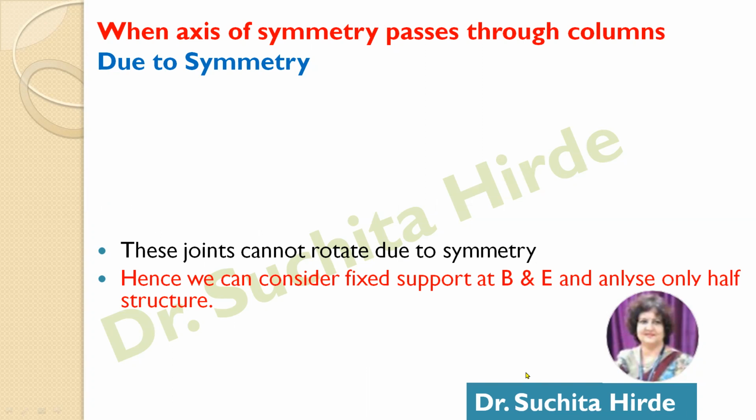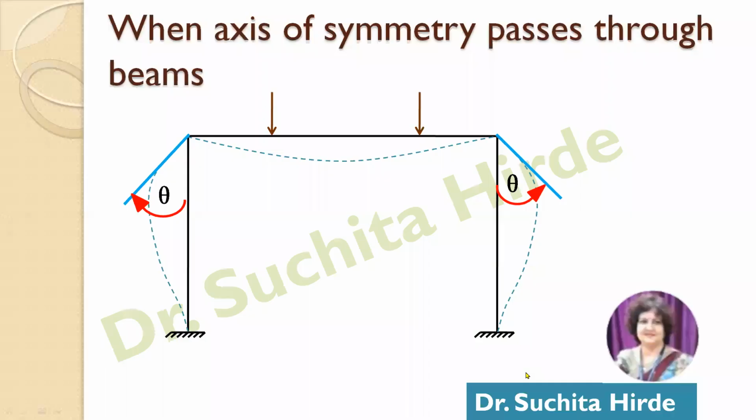Now we will see when axis of symmetry passes through beams. When the axis of symmetry passes through beams, we can observe 3 points here on axis of symmetry. First point is there will not be any horizontal displacement because of the symmetry. Second point is there will be vertical displacement in this case.